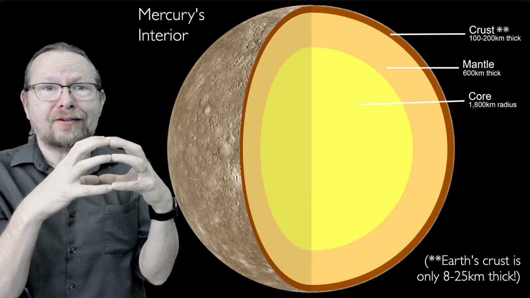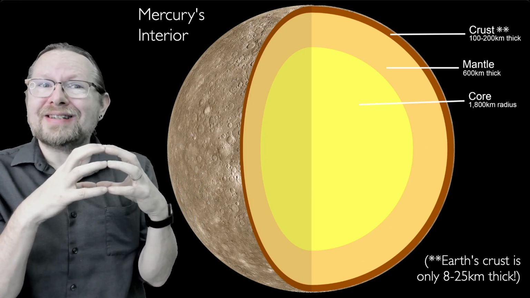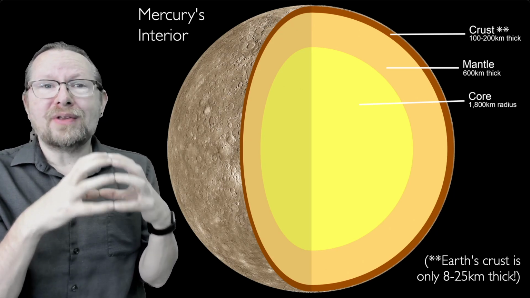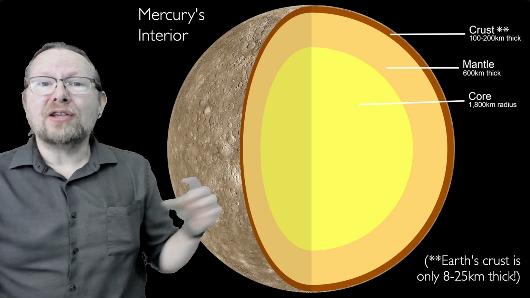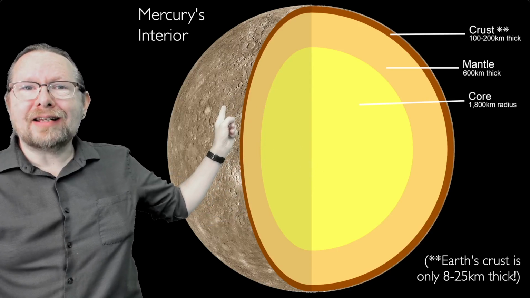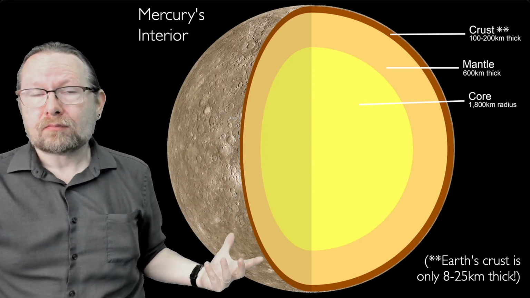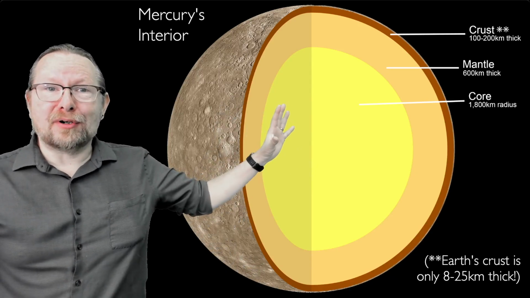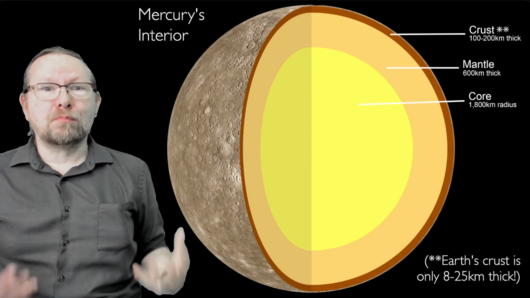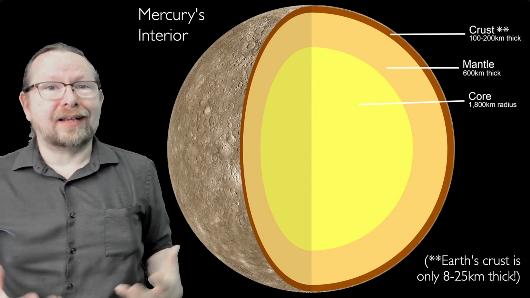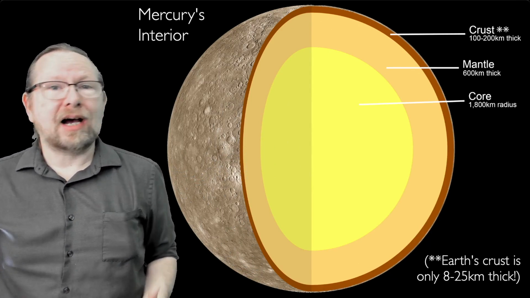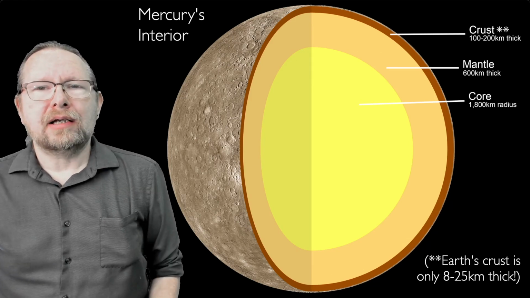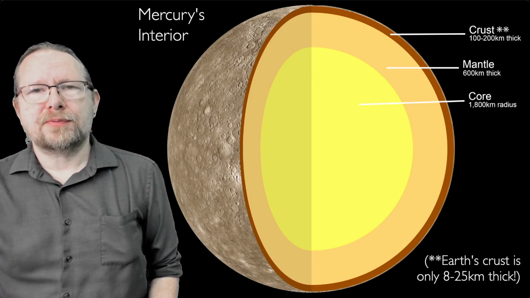We can just look at it and tell what its size is, so we know what its density is. And we know the density of Mercury is way bigger than the density of rocks, which means inside of Mercury, there must be something that's more dense than rock, like a metallic core. This is how we figure out the internal compositions of planets.